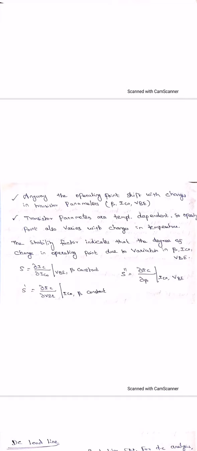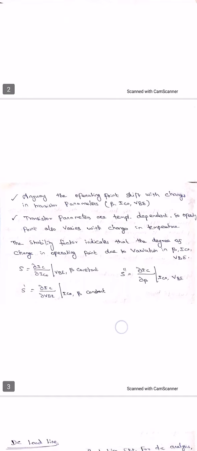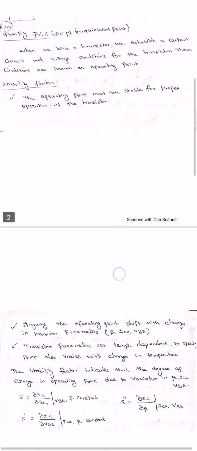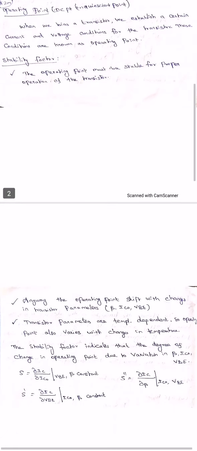Transistor parameters are temperature dependent, so operating points also vary with changes in temperature. These three points can shift the operating point into another region. So the first point is that the operating point must be stable for proper operation of the transistor, that is, it should be present in the desired region, for example the active region.